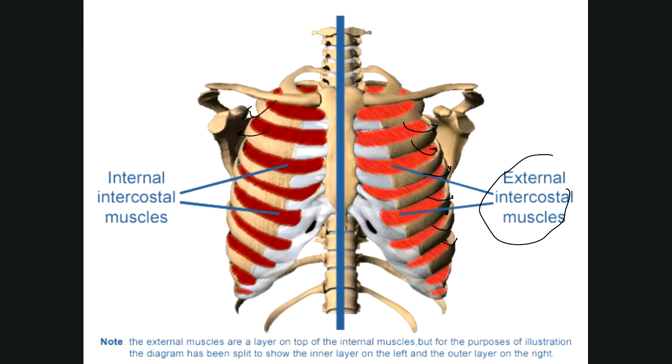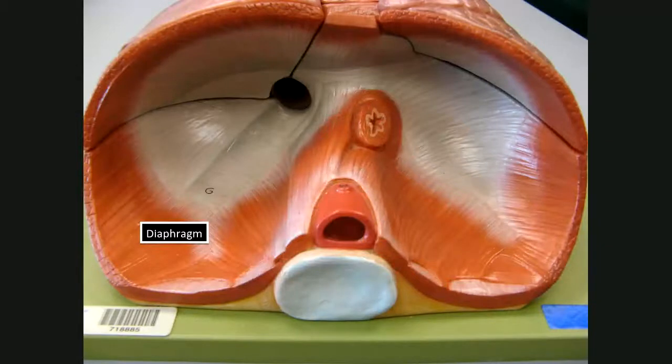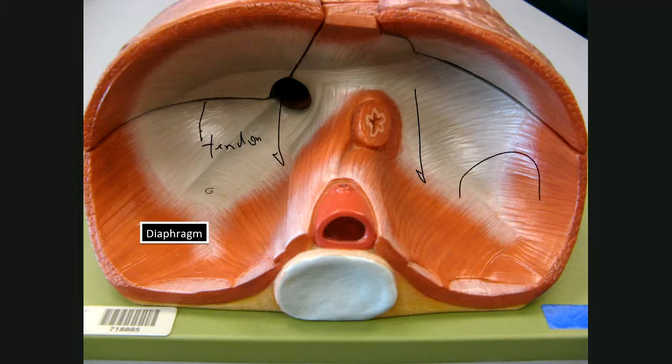So the muscles of inspiration are the diaphragm. And here's the diaphragm. Now the red part is muscle. The white part is a central tendon. So muscle contracts. It pulls down on this tendon. And that's why we go from this shape to more of a flattened shape.